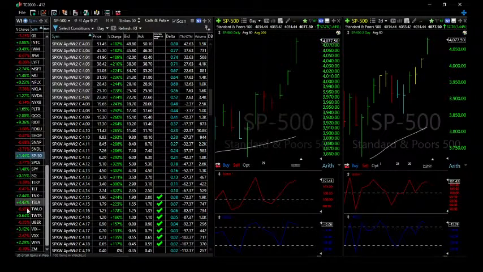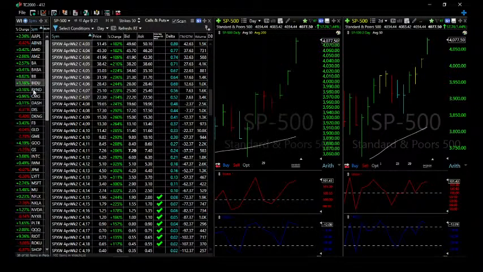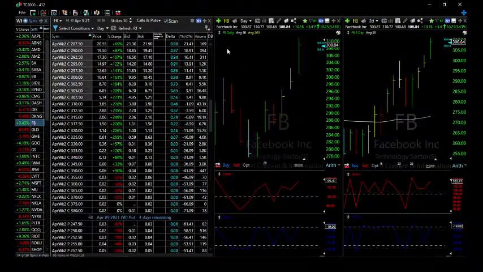So go back to look at Facebook, the Facebook options. You see the high volume, 43,000 contracts traded on a 310 strike. Remember the strikes? These are the strikes.